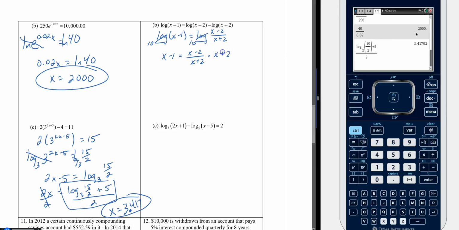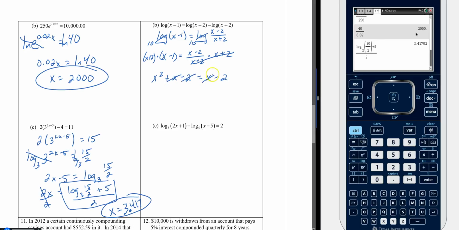And then I'm going to multiply by x plus 2, so those cancel. Expand the left side out, x squared plus x minus 2 is equal to x minus 2. Move everything over.